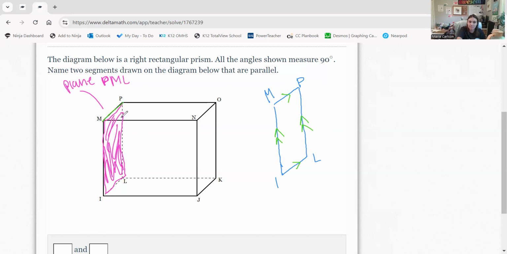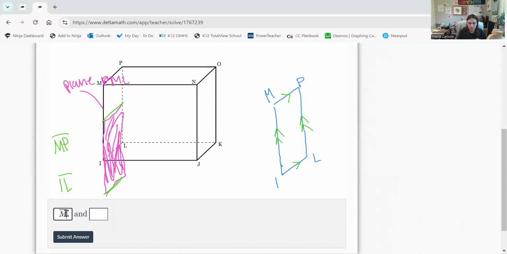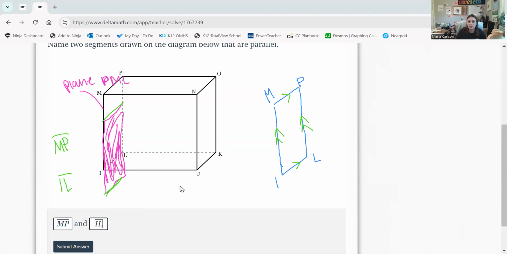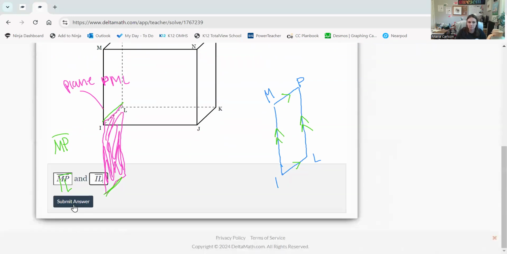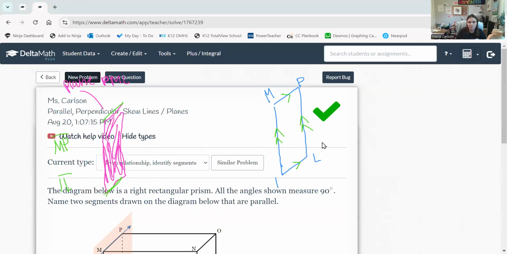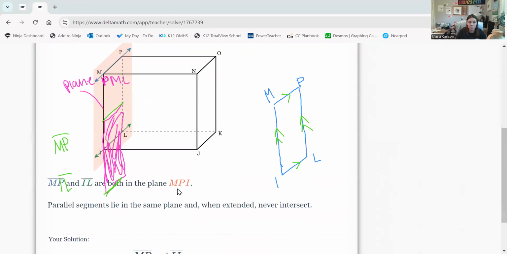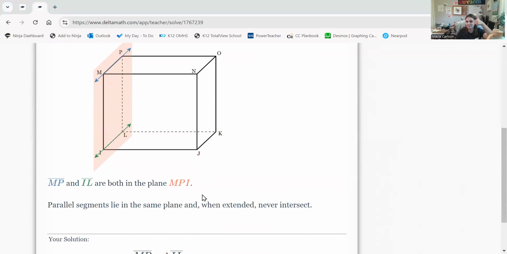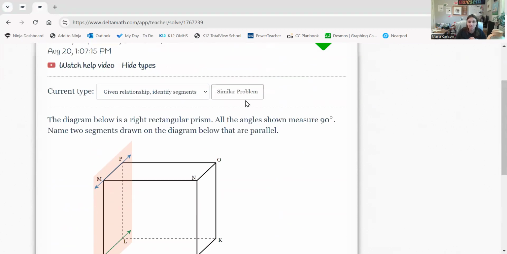So we already kind of listed them. Maybe I'm going to do segment MP and segment IL or LI, however I want to name it. MP and IL. And it's going to automatically do the segments because it's telling us to find segments. And notice it's saying, hey, these are both in the same plane.